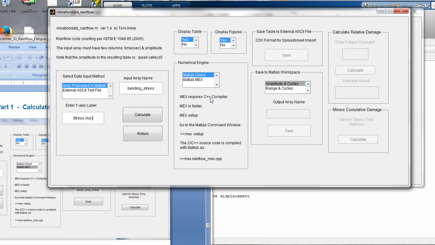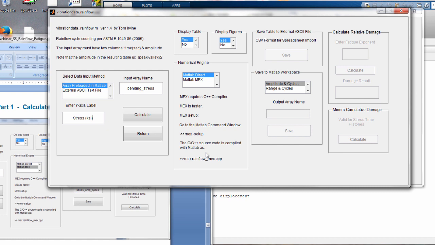Now, once you install your C++ compiler on your machine and you're in MATLAB, you have to do a one-time thing where we go to the prompt and type in mex -setup. And this will allow MATLAB to get interfaced with the C++ compiler. So this would be just a one-time setup thing.